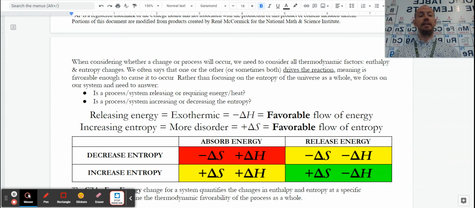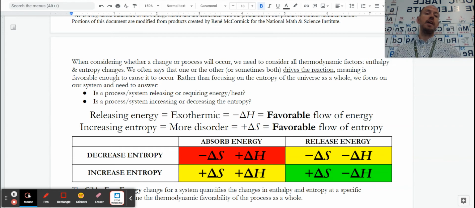We have a chart right here, and we don't want to memorize this chart. We want to think of it just in terms of maybe these definitions here. But what is favorable and what is not? Increasing the entropy, or taking orderly things and allowing them to become more disorderly, is favorable. So a positive delta S is more likely to be a favorable process than these negative delta S. From an energy or enthalpy sense, that negative delta H is the more favorable process.